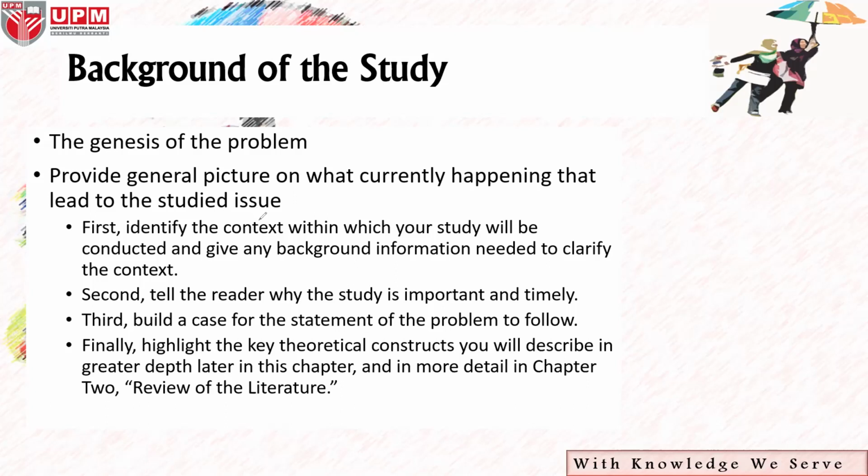Okay, and these are the elements that should be included. The first one: identify the context within which your study will be conducted and give any background information needed to clarify the context. You provide the context. Because if, let's say, you are going to study productivity among employees working in manufacturing, you should address the things related to the manufacturing organization.